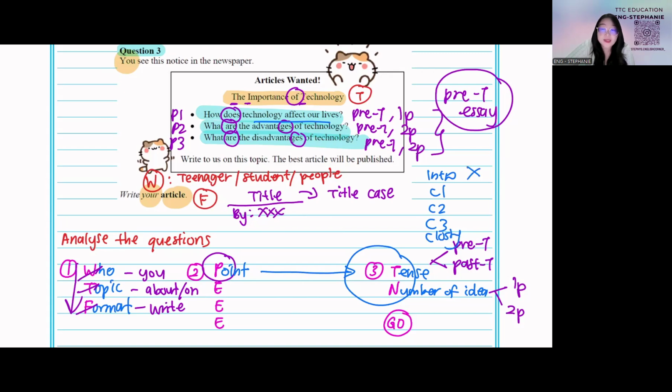I will not put them in the introduction. The P1, I will focus on elaborating in my content one. Content two will be our P2A and P2B, the advantages. Content three will be P3A and P3B. And for the closing part, this is usually the summary.